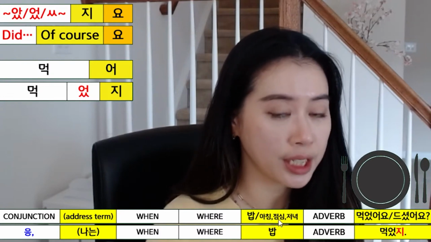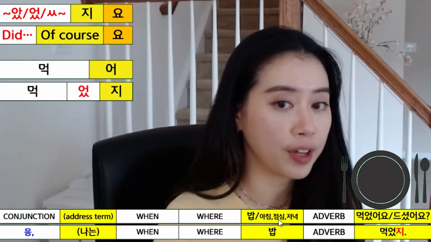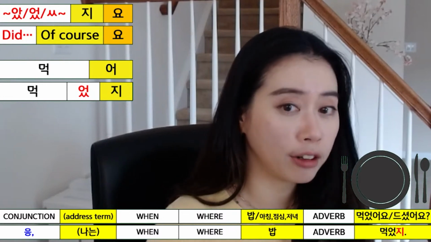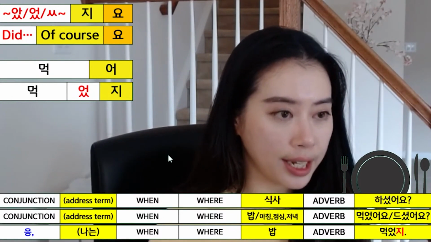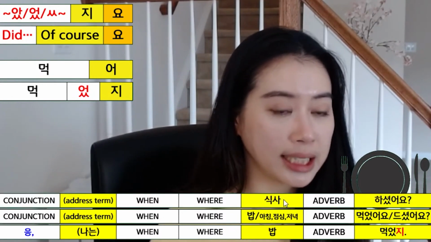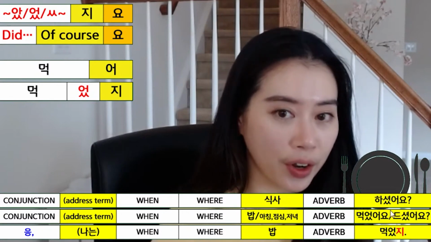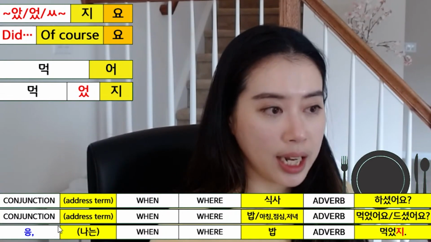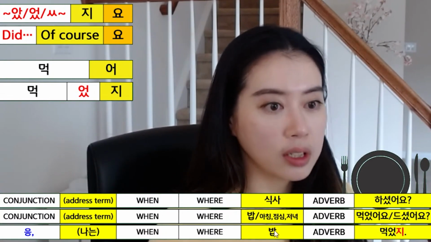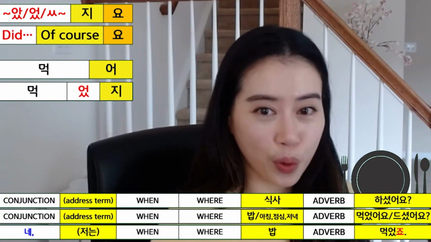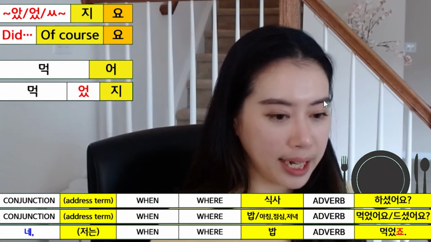Did you have breakfast? To your boss, to your professor, to grandparents. Or there is a Sino-Korean word, 식사, meal. You can say 식사하셨어요? When you're answering in polite way, instead of 먹었지, you'll say 네, 먹었죠. Of course, I ate in the polite ending.